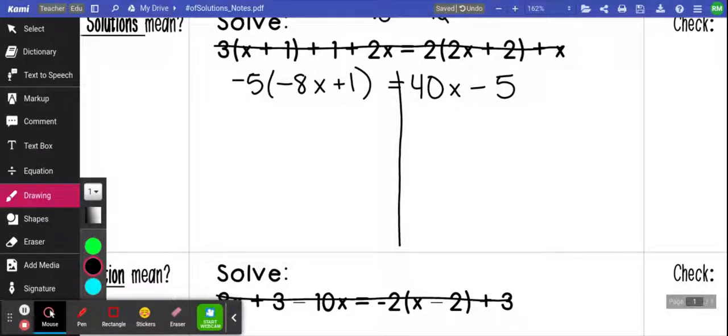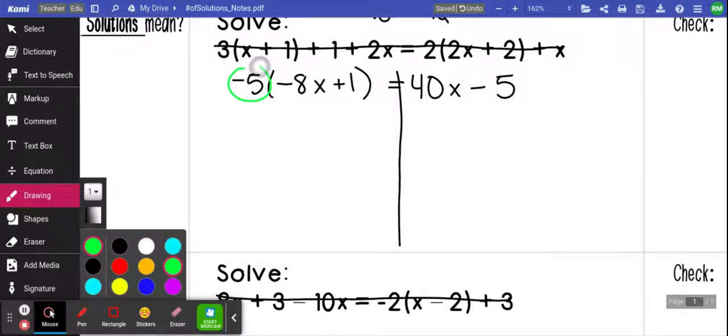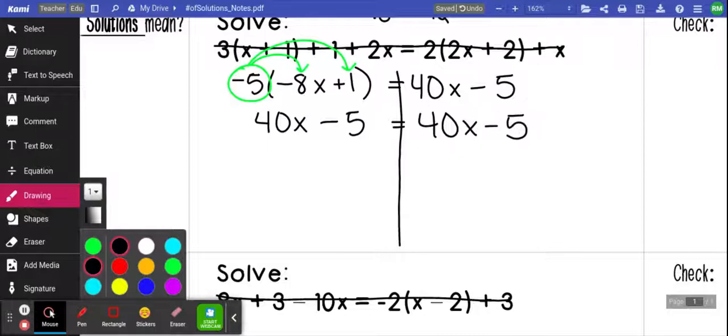Okay, first step, what's going to be our first step? Distribute, good. So we're going to take the -5 times the -8x. What do we get? 40x. What is it? -5 times +1? And then I'm just copying down the rest after I distribute.